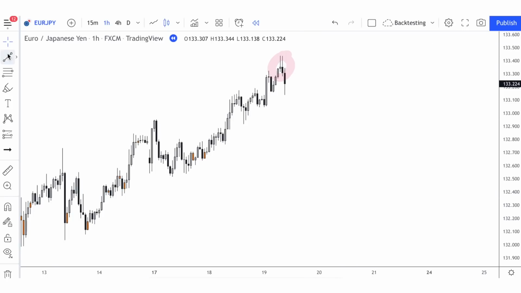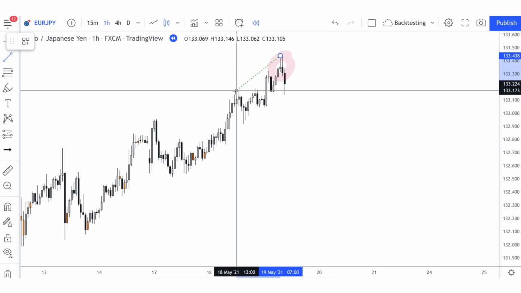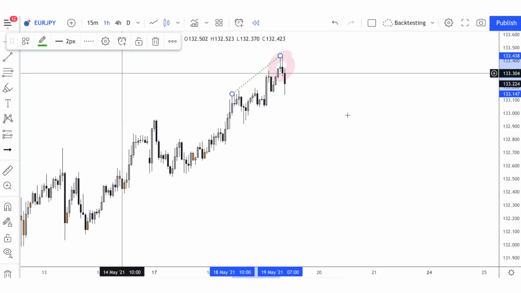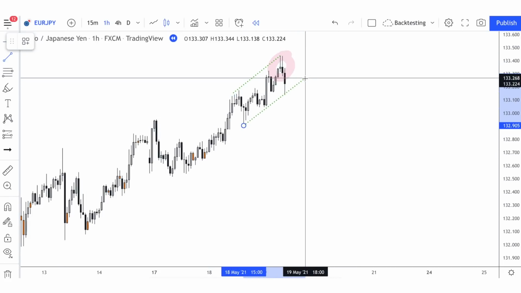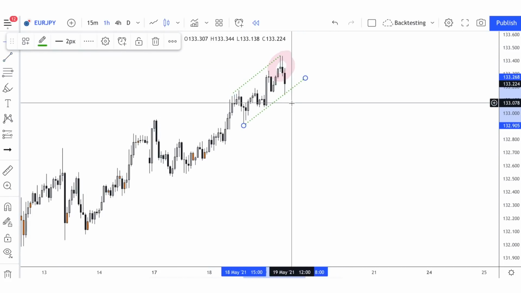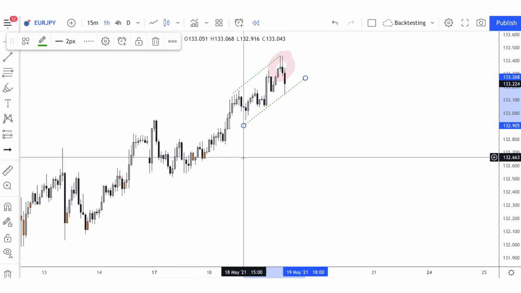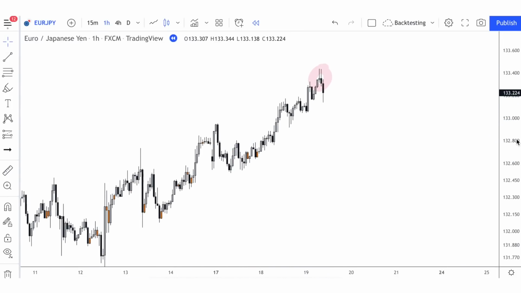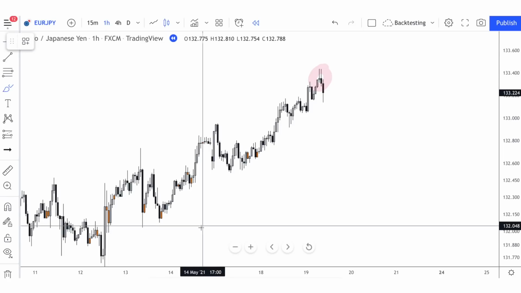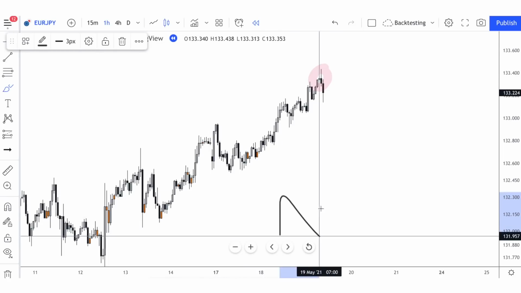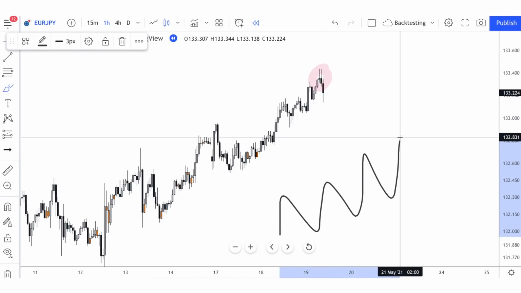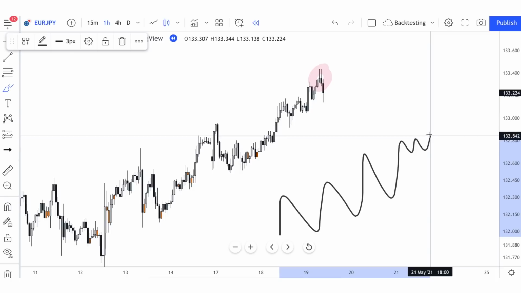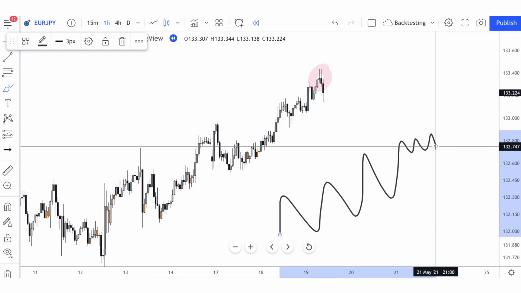But one thing I want to point out is, I know I don't really trade patterns anymore, but this is very interesting. Getting that sort of extension above all this ascending channel. So what I mean by that is we've got this ascending channel, and then we have that smaller ascending channel.